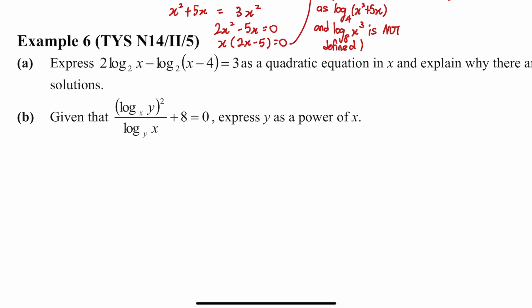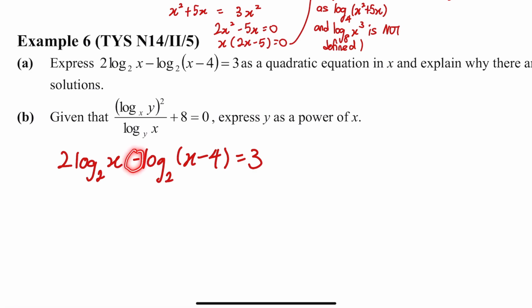So let me write out 2 log base 2 x minus log base 2 (x minus 4) equals 3. Okay, so over here, to make my life easier, I can simply shift the negative to the right side. So this will be log base 2 x squared equals log base 2 (x minus 4) plus 3.